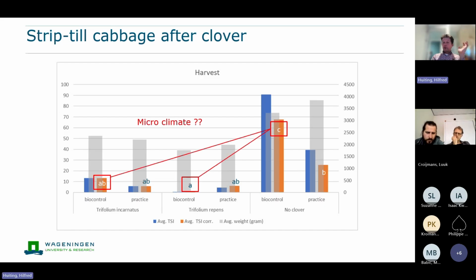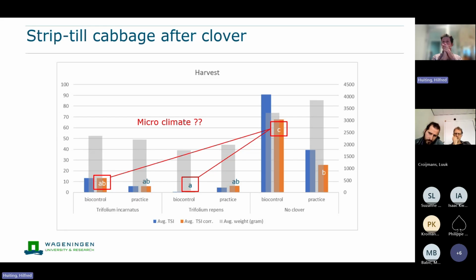Well, it might be microclimate. Because you have really a crop of clover which has a humidity in which maybe the biocontrol, which was an entomopathogenic fungus, has maybe better chances of establishing in the crop. So that might have helped the efficacy of that product.